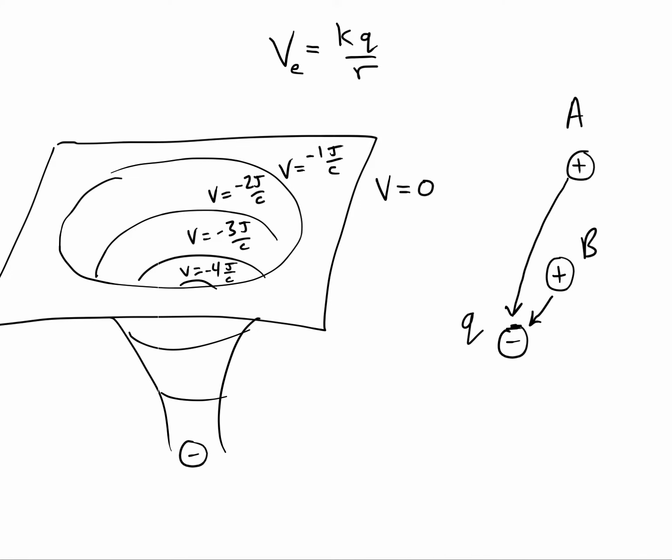B doesn't have as much ability to do that. So at A, we have more electric potential energy than we do at B. And that is the significance of the negative values. We have more electric potential energy out here than we do closer to the charge.